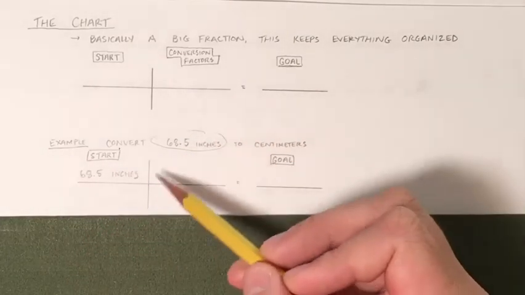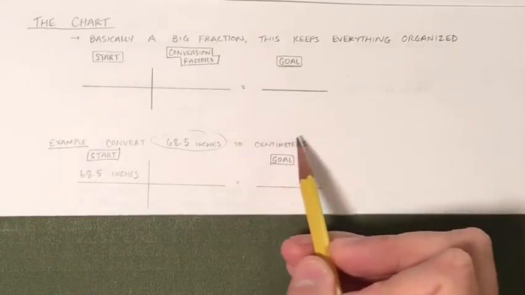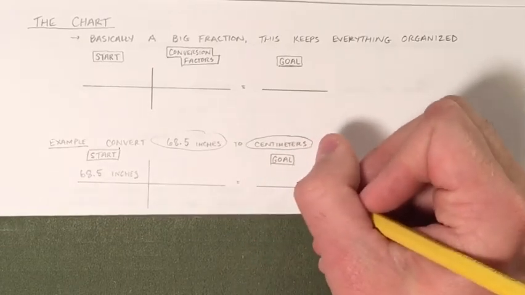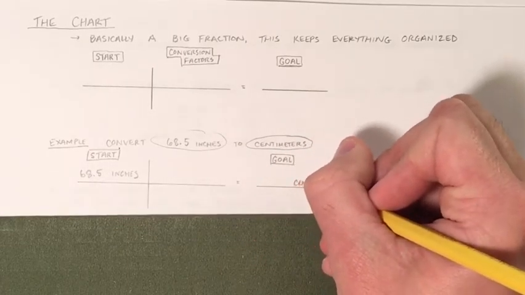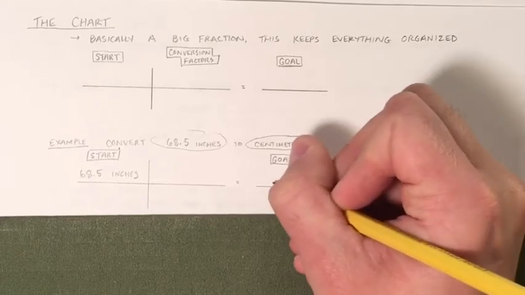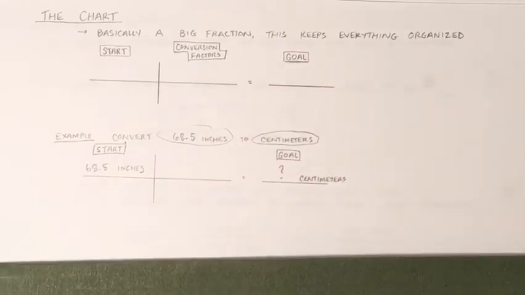We don't know our conversion factors yet. We haven't talked about that yet, but we do see our goal unit here is centimeters. We know that our unit at the end is going to be centimeters, but we don't quite know our number yet. So that is the basic setup, how to use the chart.